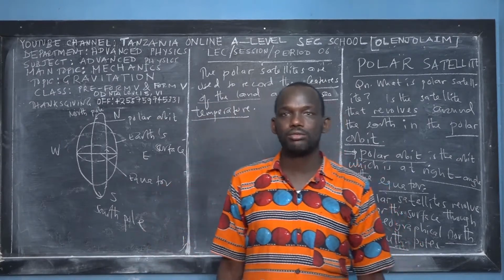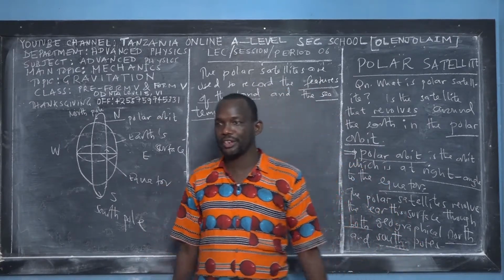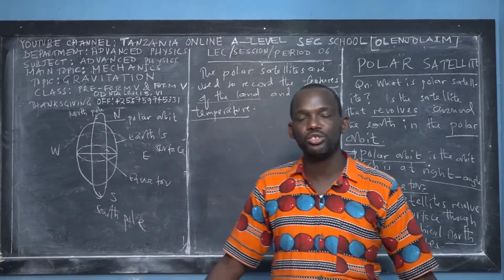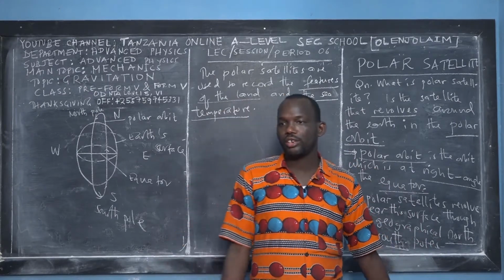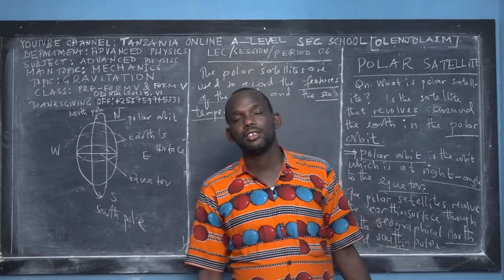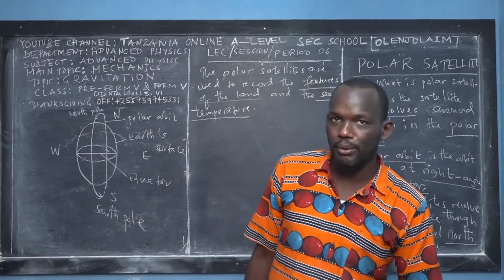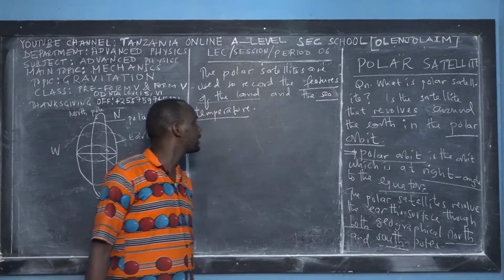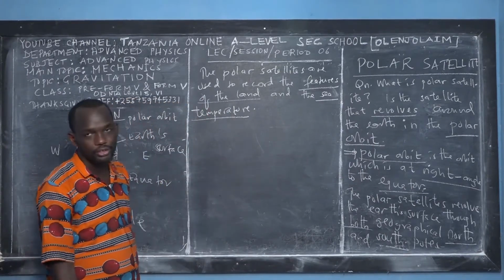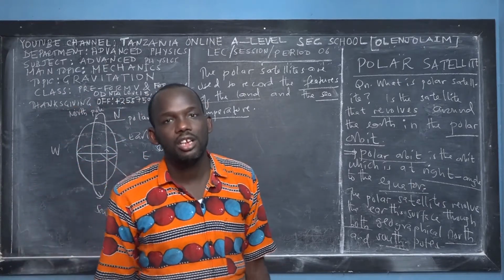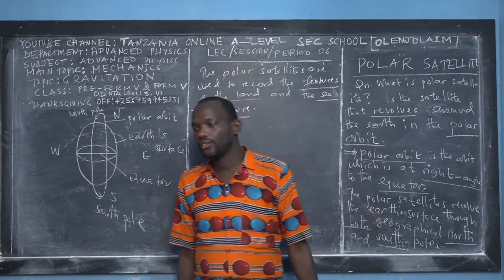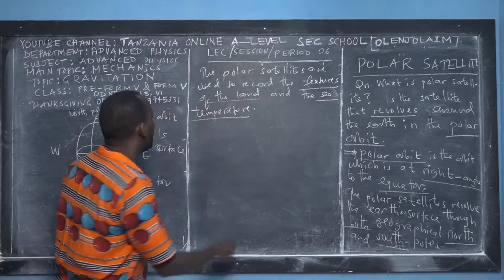For example, if you want to go to Mwanza and you don't know the direction of the hospital where you want to go, or maybe Uganda, you can use the GPS satellites to have the right directions to arrive at that place. So in the case of these polar satellites, they help us to know the features of the land and the sea temperature. Because you know that the Earth's composition has land features and also sea features.